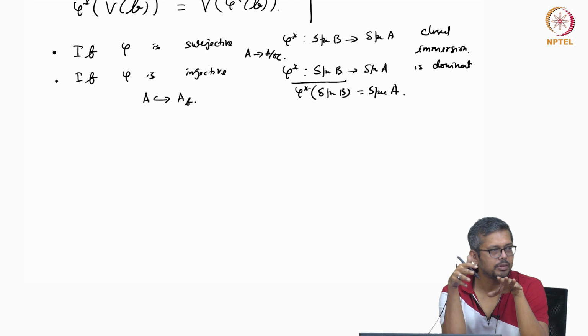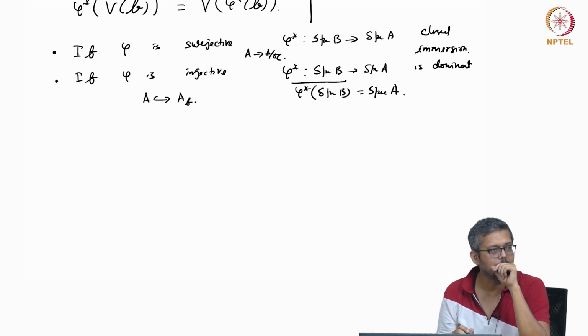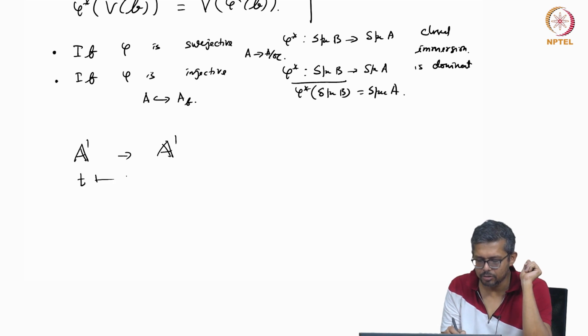Many examples, right? The topological spaces being homeomorphic does not mean isomorphic. For example, what is an example of a homeomorphism which was not an isomorphism? T going to T to the power p, from A^1 to A^1 over the field K. You take a T, you send it to T^p.